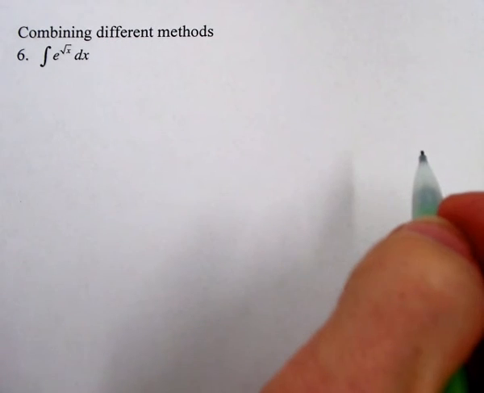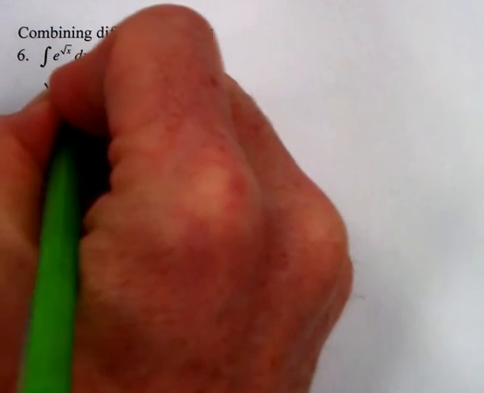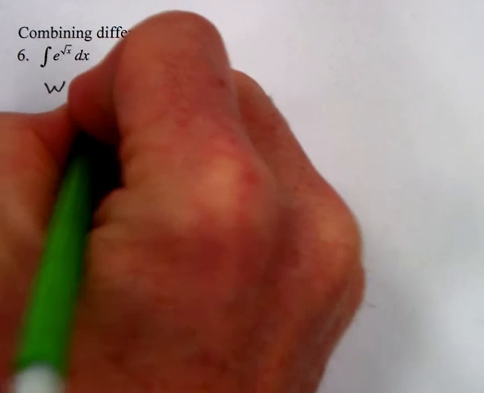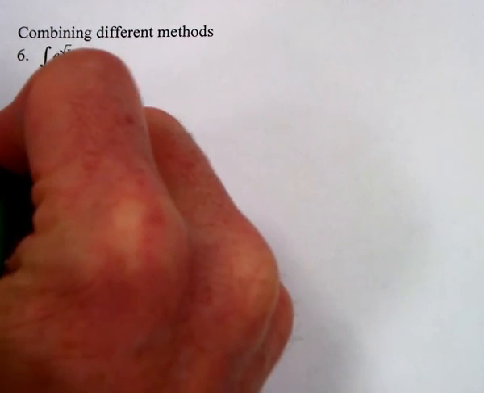But it's not there. So that means we're going to have to try something different, and that's what this is going to do. I'm going to let w equal the square root of x, and I know I said, wait, we don't have that, but let's see what happens when we do that.